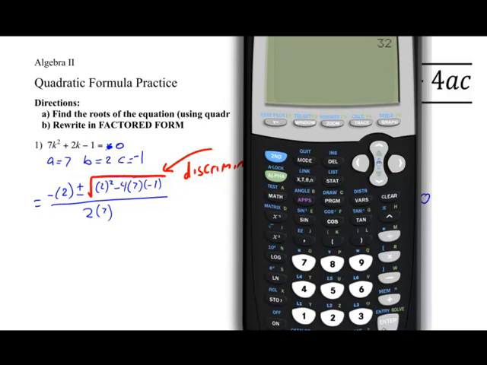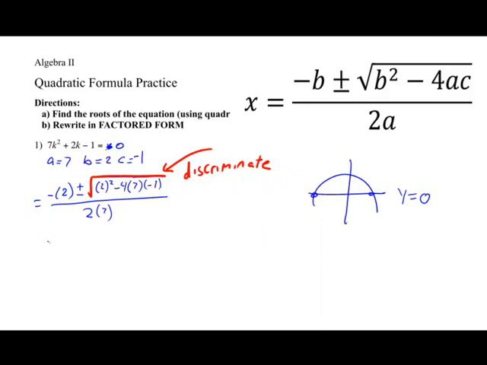That gives me 32. So I'm going to rewrite that as -2 plus or minus the square root of 32, divided by 2 times 7, which is 14.